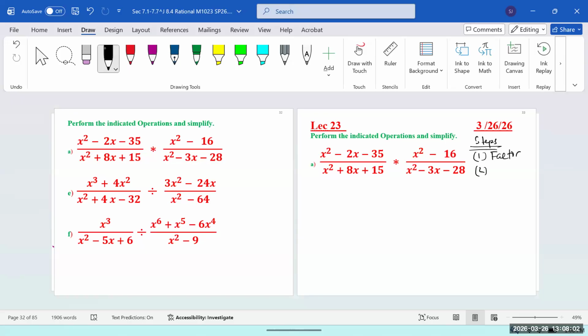You don't multiply them. What is our goal? After factoring, what do you do? Remove common factors. Cancel. Cancel common factors. And once you cancel everything, what's the last thing we do? Rewrite. Good job.